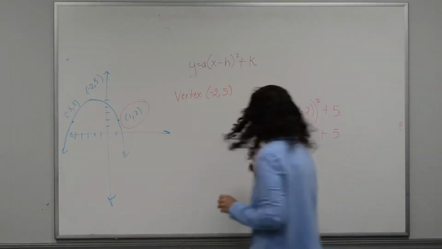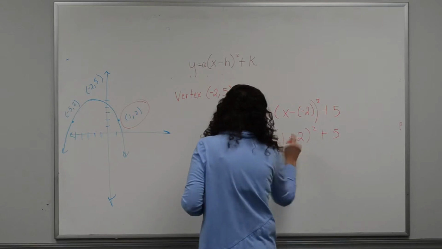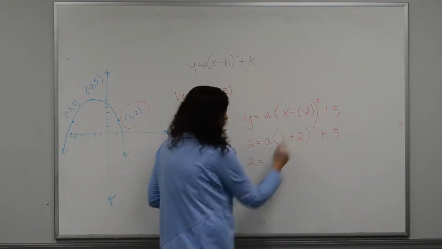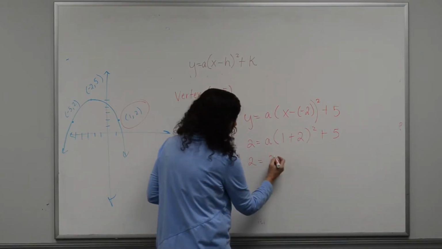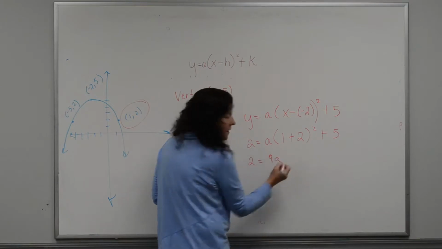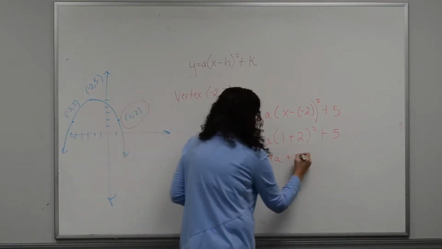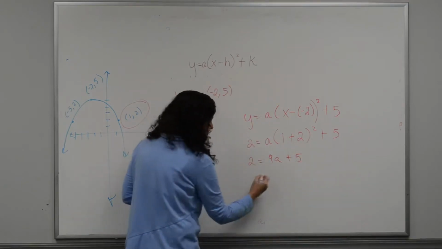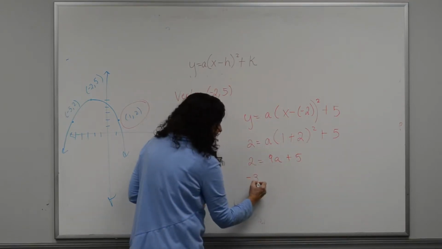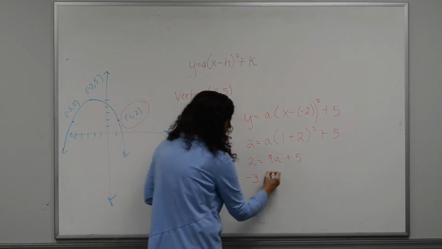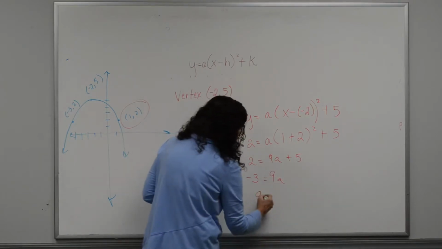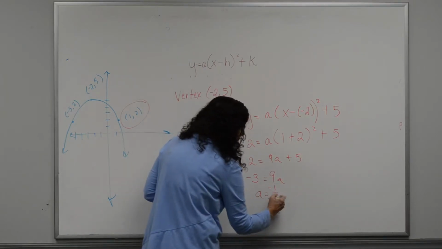So I've got 2 is equal to, 1 plus 2 is 3. 3 squared is going to be my 9, right? So I have 9a. You with me? Plus 5. I'm going to subtract the 5. I'm going to get a -3 there is equal to 9a.